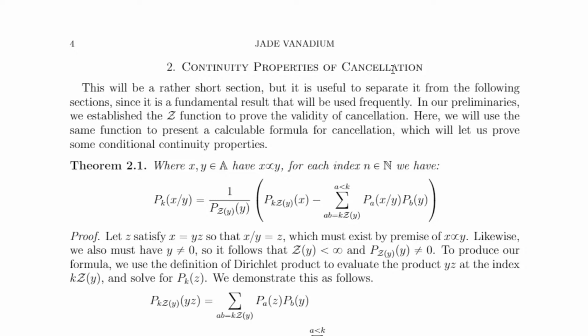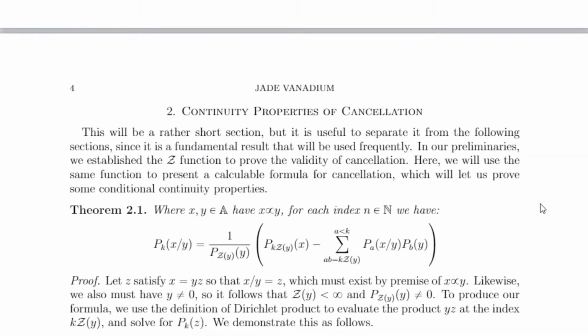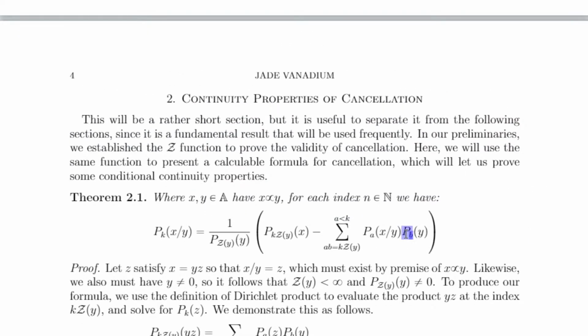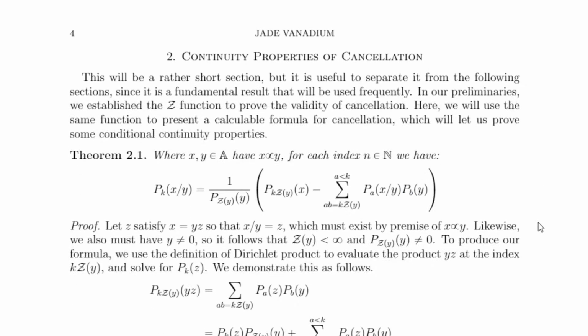So first what we have to do is we have this cancellation formula, and I showed this to you the other day while I was deciding on different notations. So this is actually our cancellation function. This is our a formula, rather.